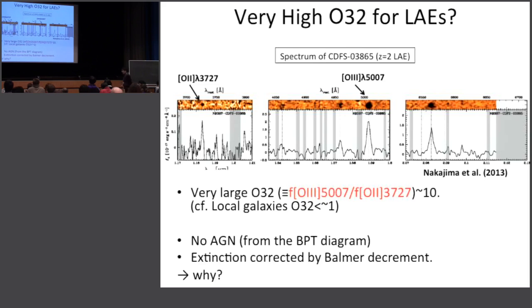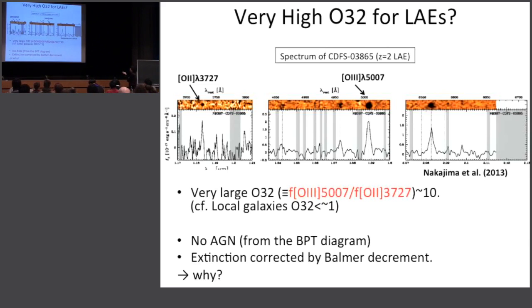Okay, and the exciting thing about the interstellar medium of Lyman-alpha emitters, I think, is this one. This is a recent result of spectroscopic observations for a Lyman-alpha emitter, from O2 3727 to H alpha.